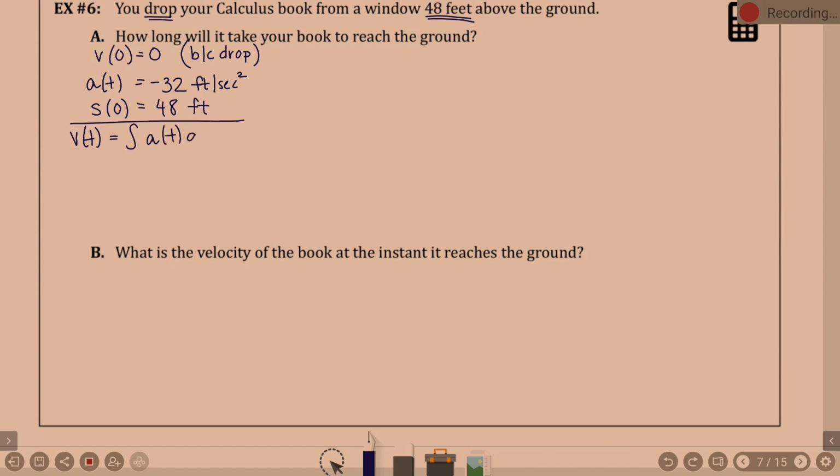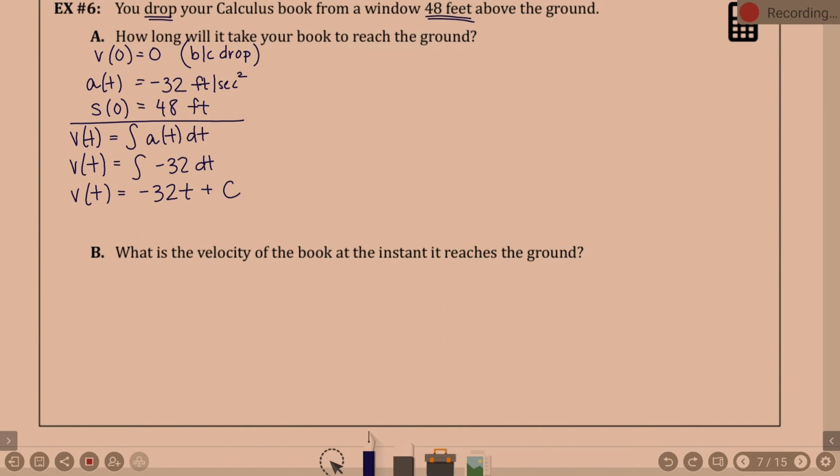V of t is the integral of A of t, so we're going to be doing the integral of negative 32 dt. If we integrate, negative 32t plus c.